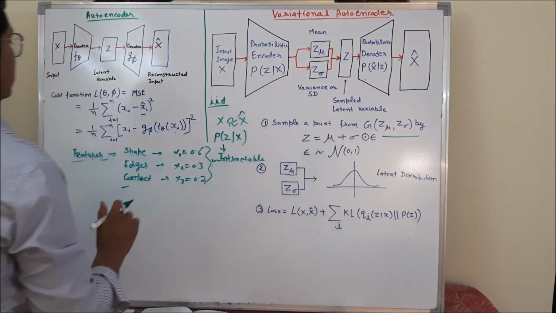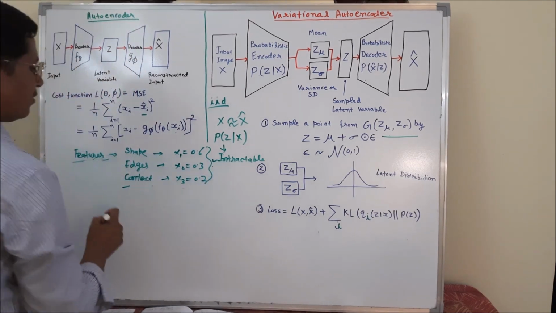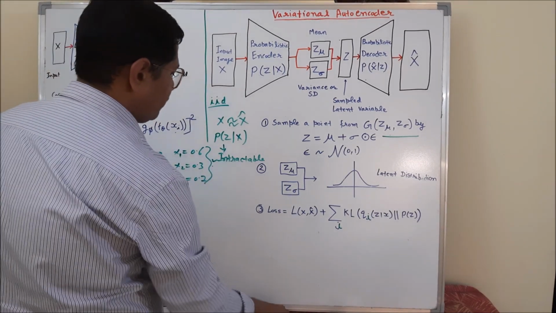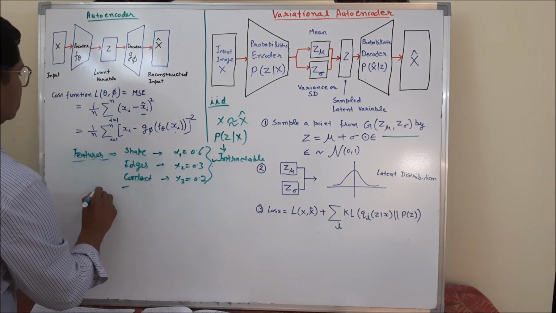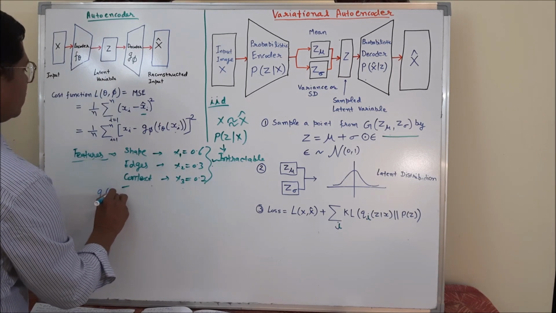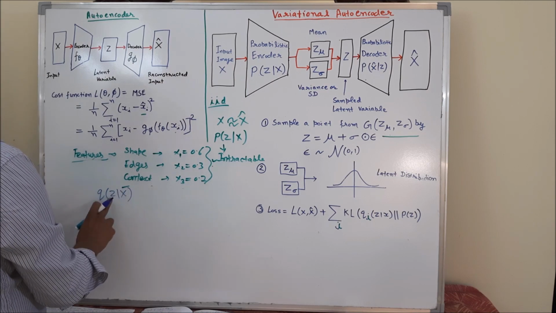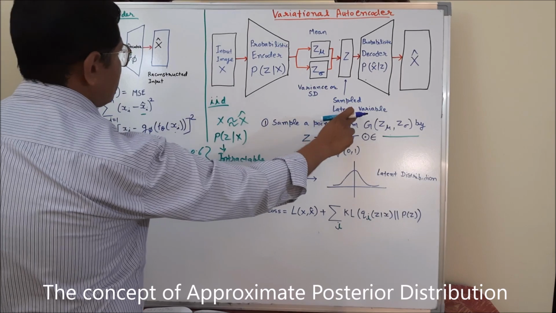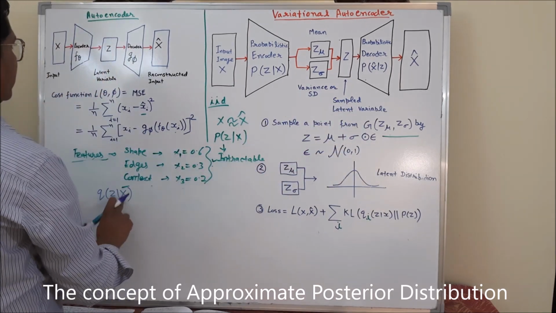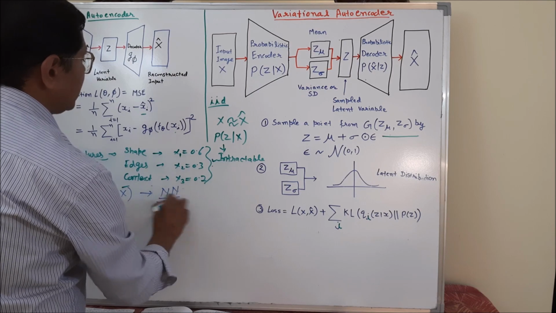So we assume that we have some probability distribution Q, which achieves the sampled latent variable Z for a given X, and that we achieve through some neural network architecture.